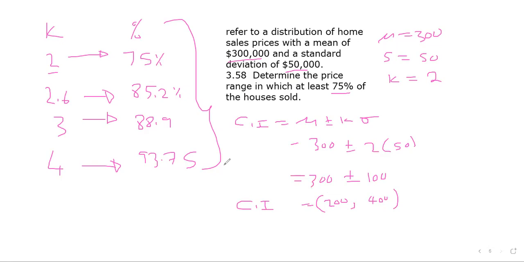Okay. Sometimes we'll be given an interval itself. We'll say, in this regard, refer to the distribution of home sales. The same parameters, the mean is what? 300,000. The standard deviation is what? 50. We are asked to find the minimum percentage for which our range, so given a confidence interval, will be between 150 and 450.